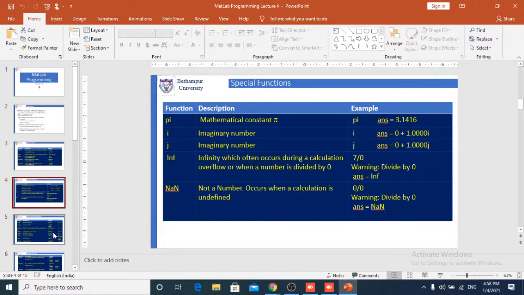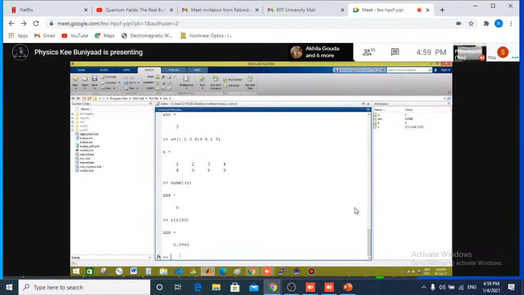Okay, now sine. SIN, sinusoidal. Sine of 90. It will not give you the value in degree. Now you can see it is not in degree, it is in radians.